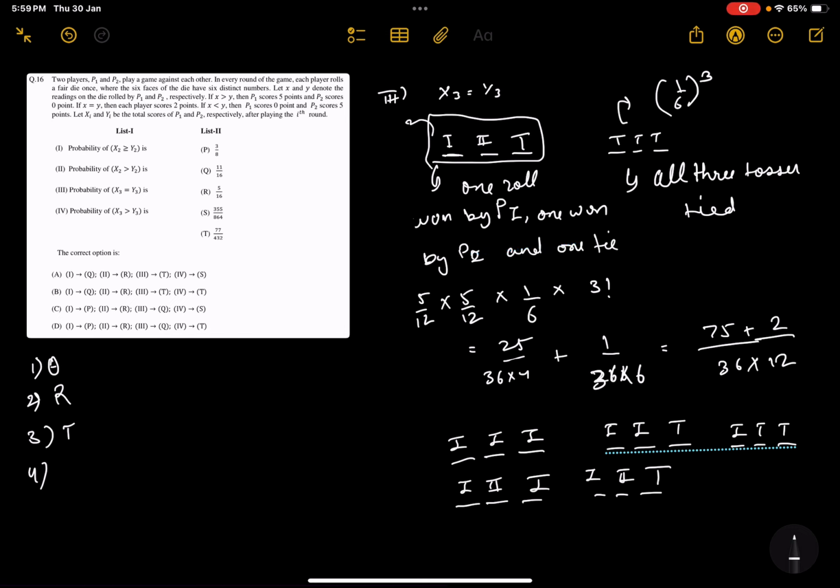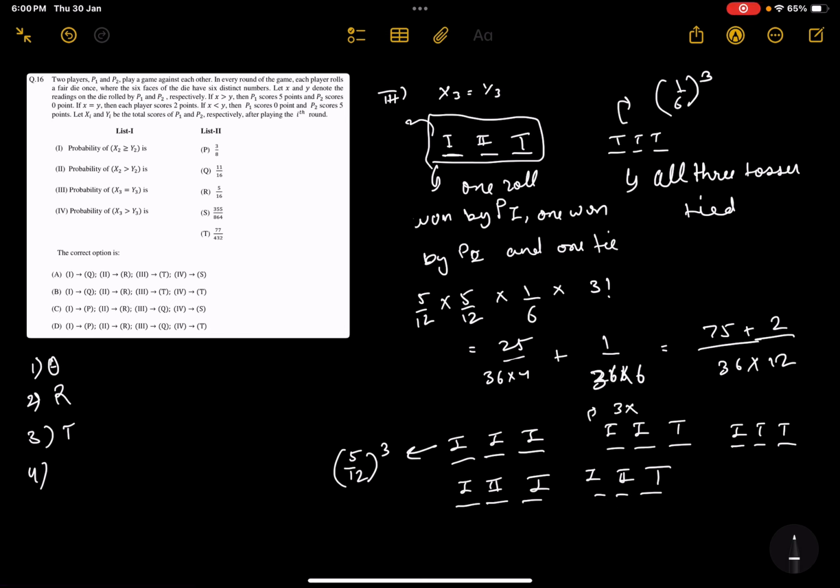I think these are the cases: 1 1 1, 1 1 T, 1 T T. The probability for all rolls won by player 1 is 5 by 12 cubed.